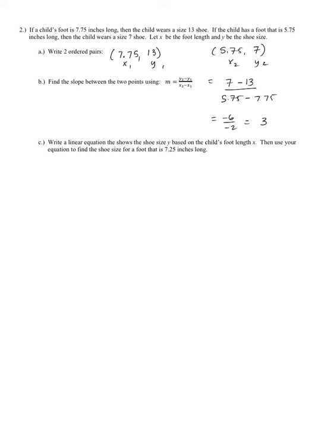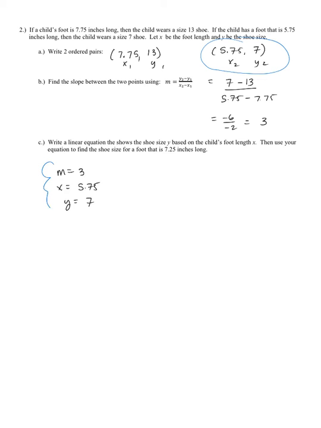Now we're going to write a linear equation. It doesn't matter which point we use. I'm just going to use this one because my numbers are a tiny bit smaller. So m is 3, x is 5.75, and y is 7.